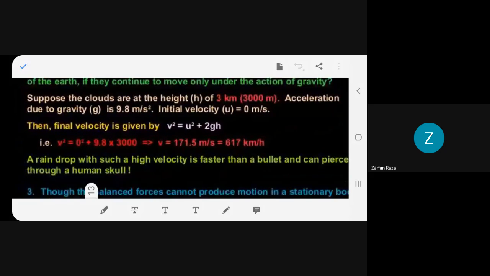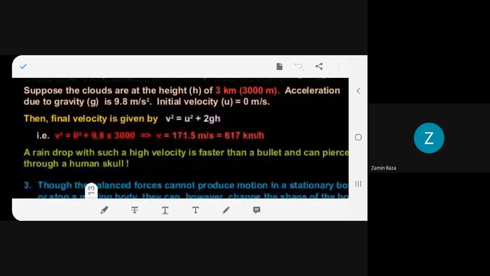Please read. Suppose the clouds are at a height h of 3 kilometers, that is 3000 meters.